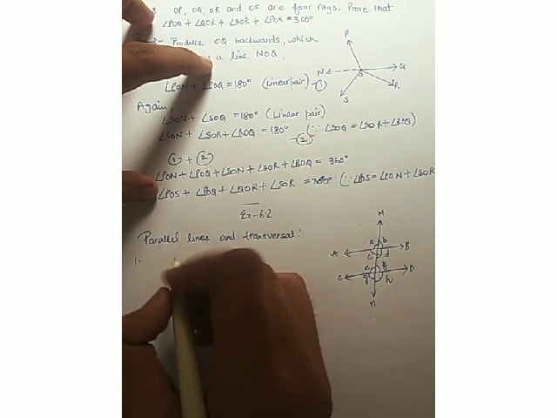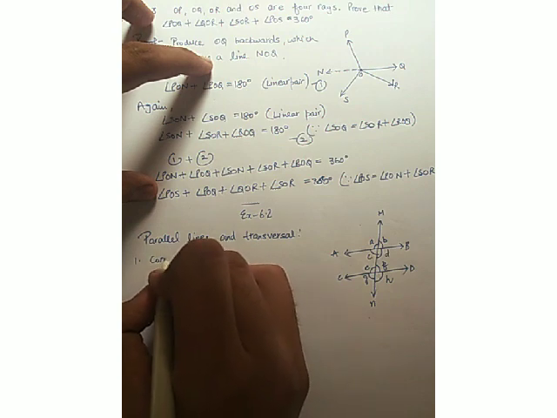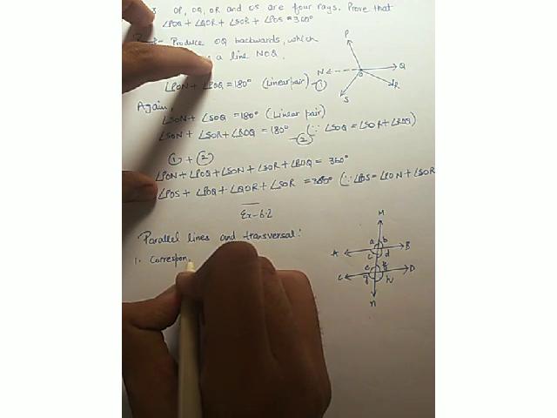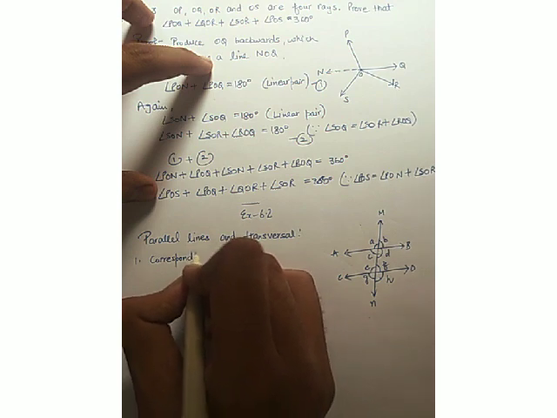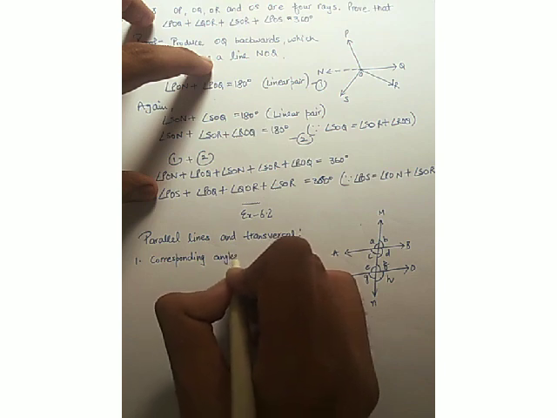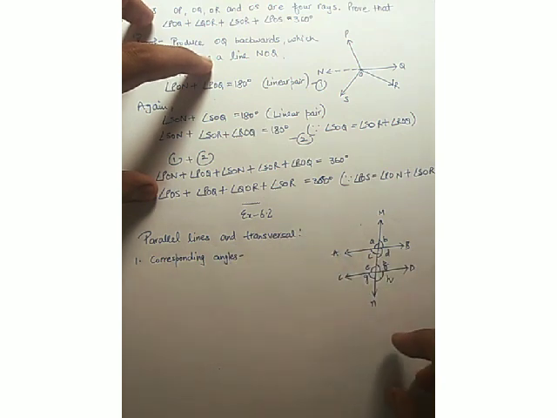So firstly, we will study what corresponding angles are. Actually, it's a lower class concept, so you should be reminded of this very easily with this video. Which angles are corresponding angles? You have to remember the position of corresponding angles.